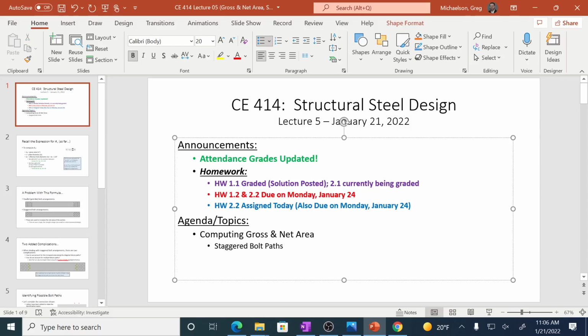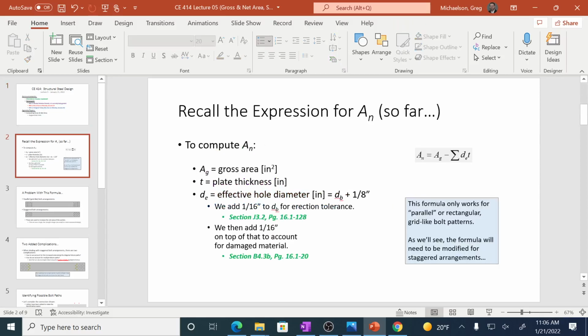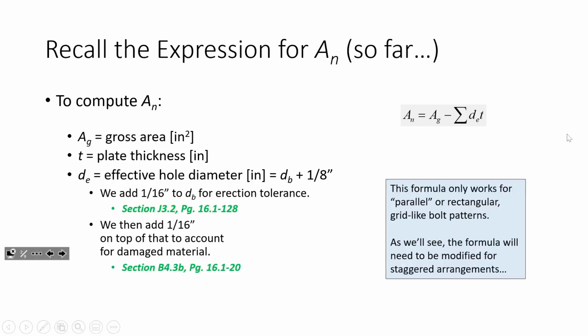So yeah, okay. What we're going to do today is continue our discussion of net area, but we're going to take this formula and complicate it a little bit today. So I want to go back to this.